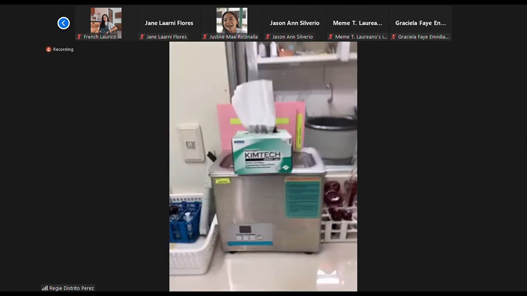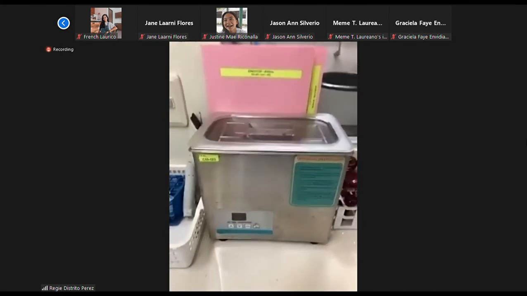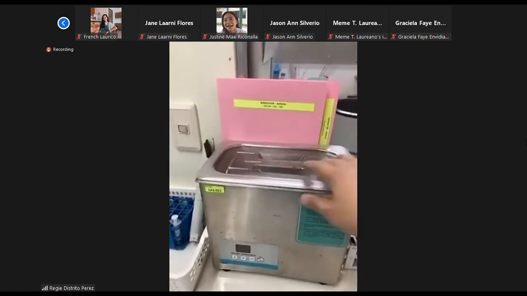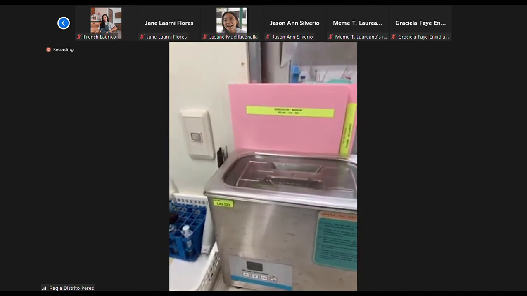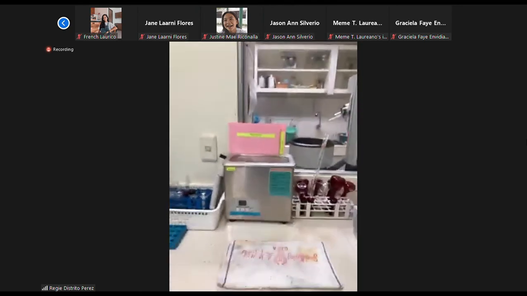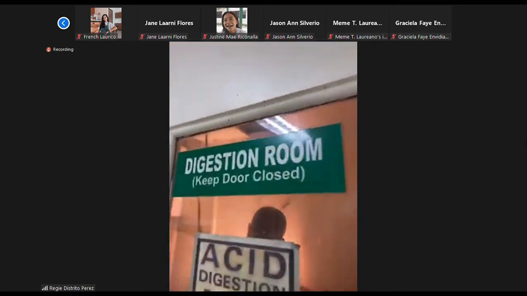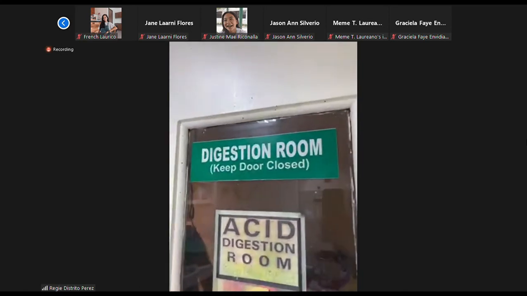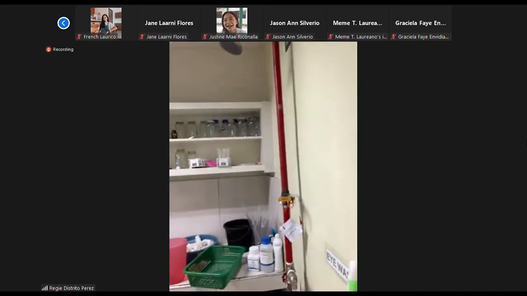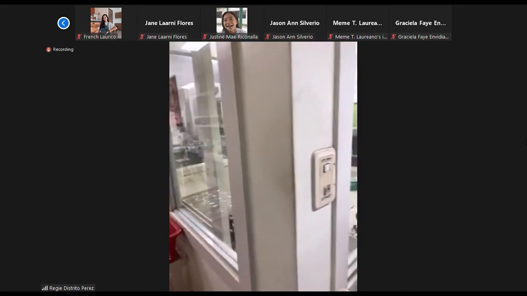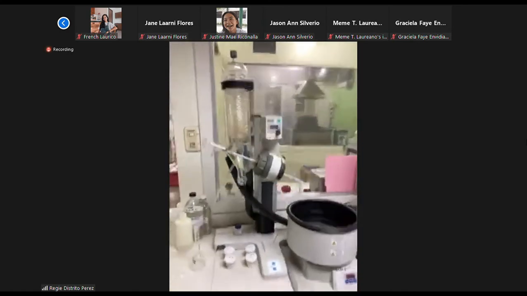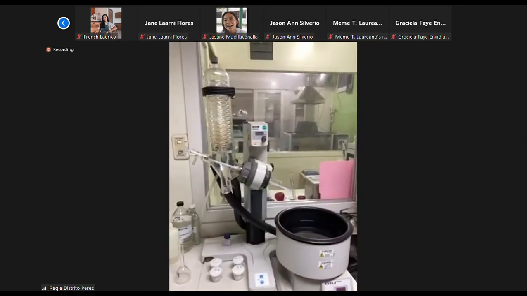And also we have a sonicator. Next, we also have the digestion room where we digest our metal samples. And also, we have a rotovap for extraction.